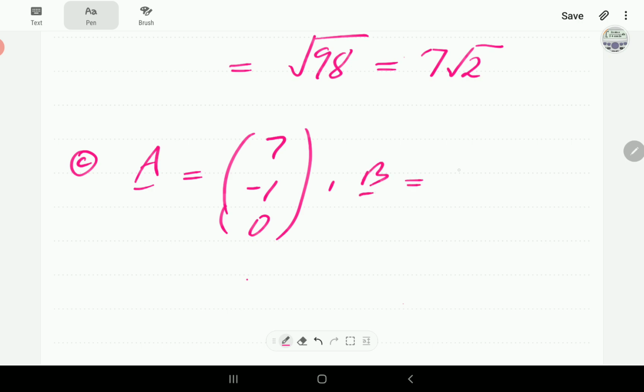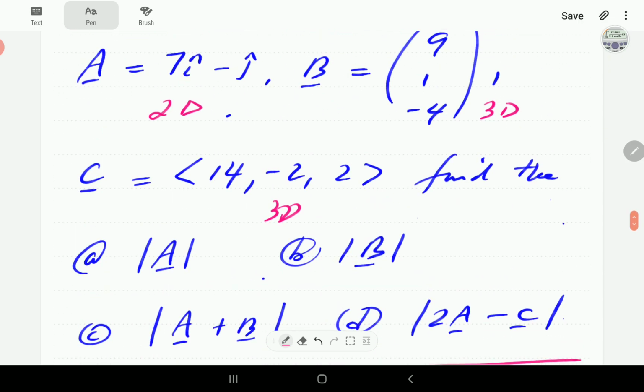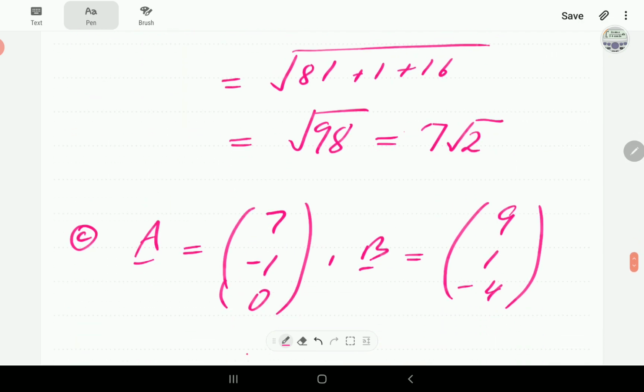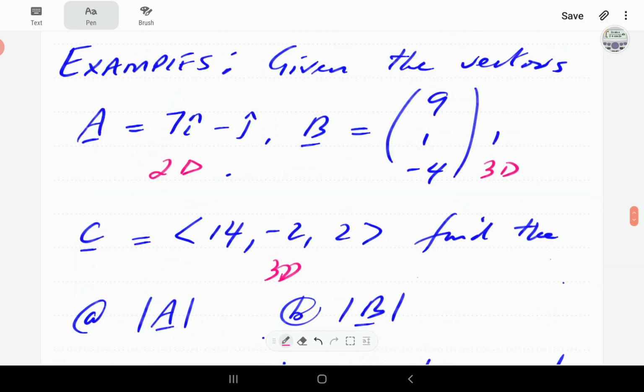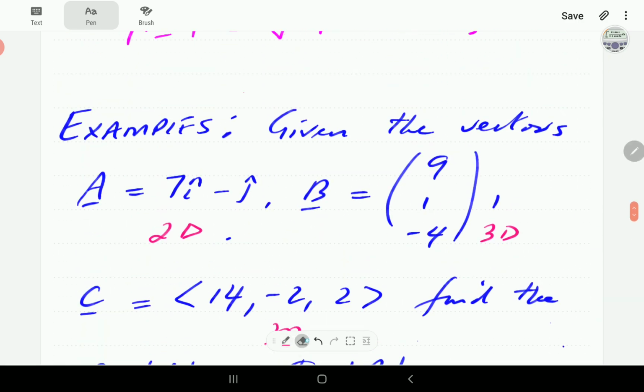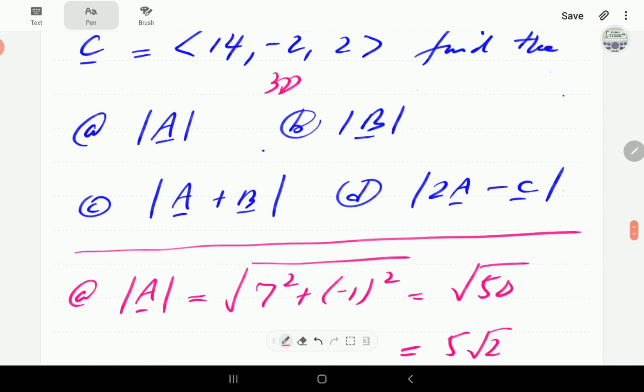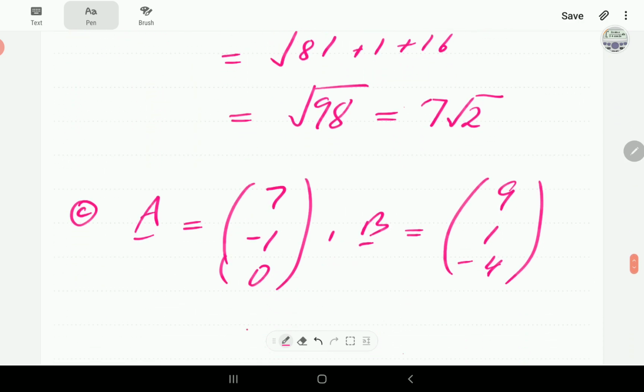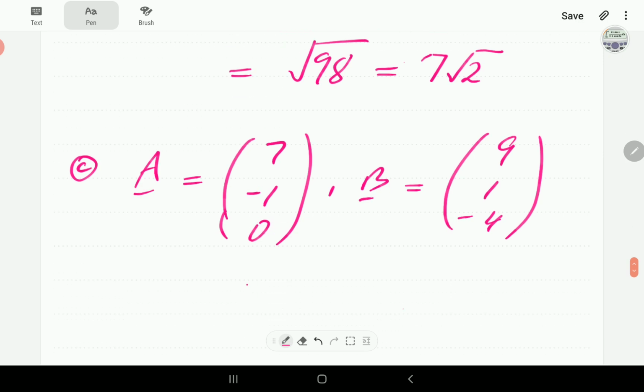Then B is 9, 1, minus 4. So unlike matrices, for vectors you can add vectors with different dimensions. A 2D vector and a 3D vector we can add by simply replacing the z component here by 0.